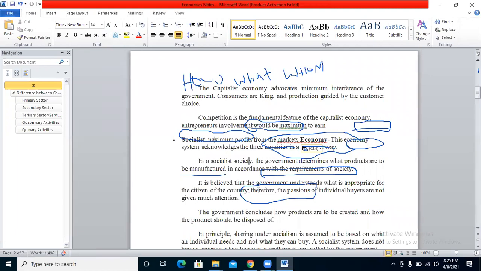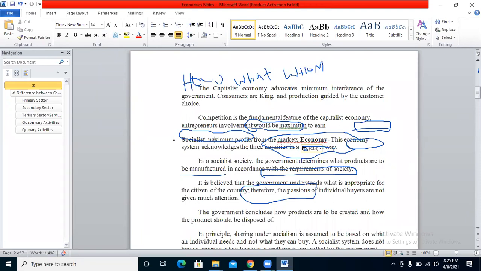In this socialist economic phenomenon, the government's preference for goods is the maximum, and the government decides how to produce, what to produce, and how to distribute the goods and services to individuals.